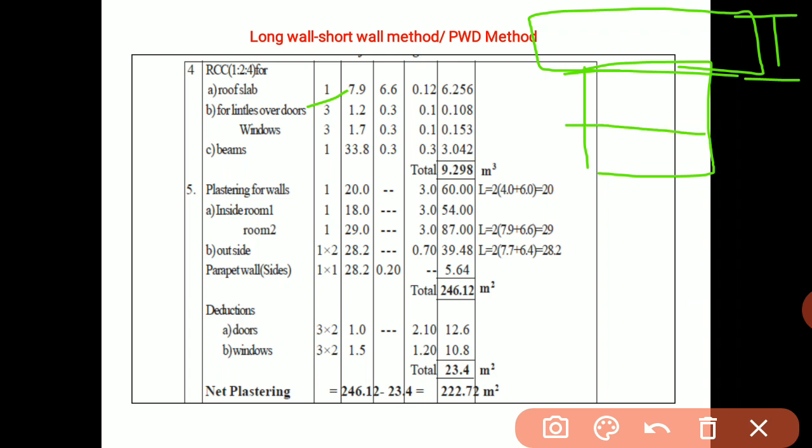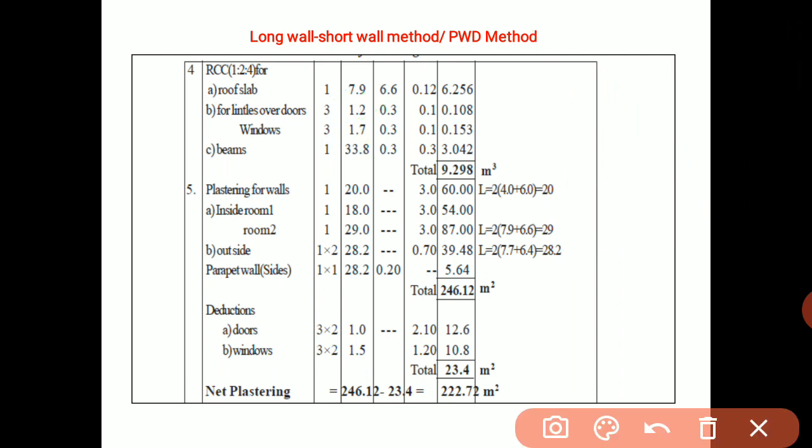We add this 1 meter plus 0.2, that is 0.1 and 0.1, so 1.2 is the length. Similarly for the window, we add 1.5 plus 0.2 and get 1.7. Clear? We will not consider this part over here, this is extra. So this is the RCC work.